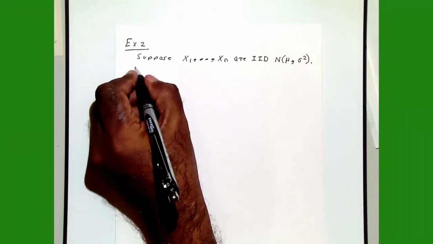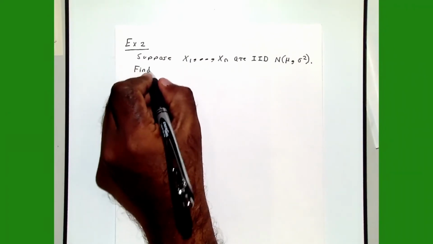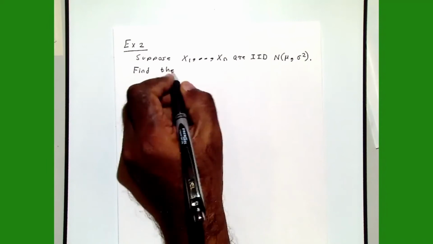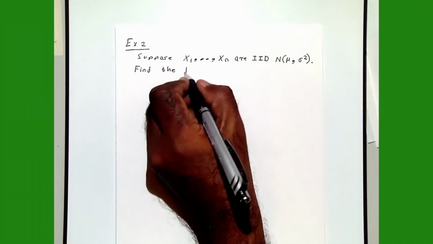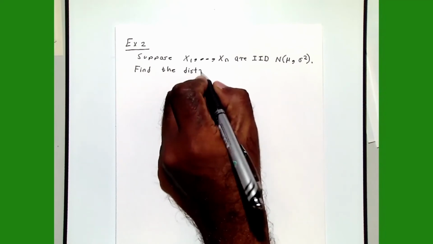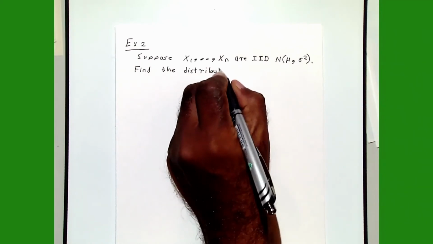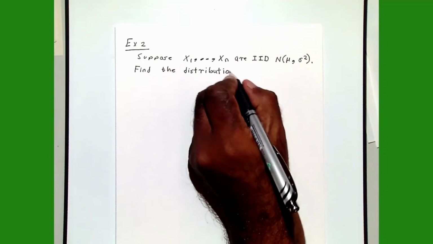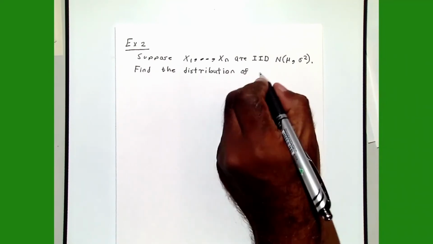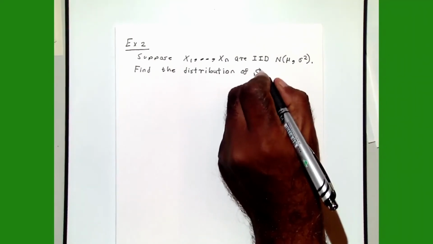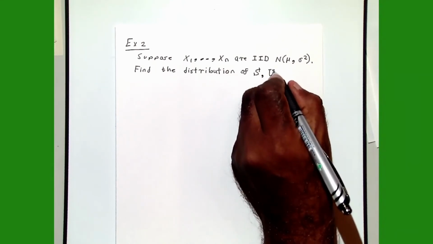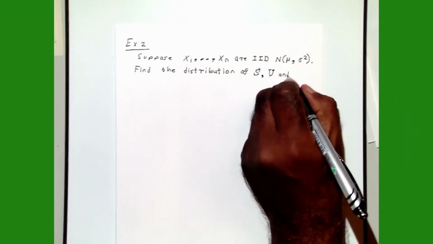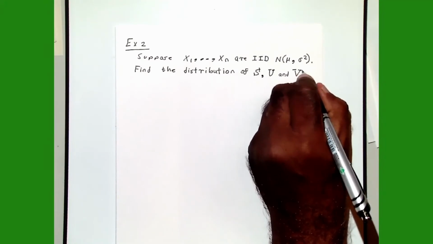The question is to find the distribution of S, U, and V. Okay.